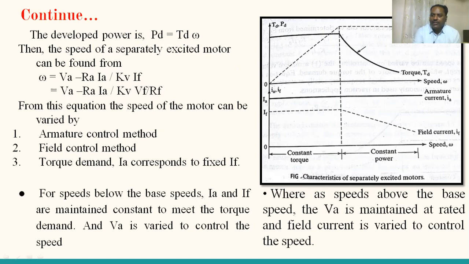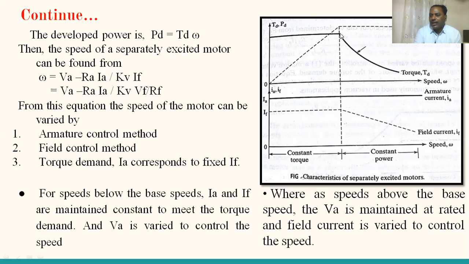Whereas when you come to the constant power region, to maintain the power constant along with the increase in speed, the armature current should be maintained constant and the power should be maintained constant, but speed and torque are inversely proportional to each other. As the torque increases, speed decreases; otherwise, speed increases, torque decreases.